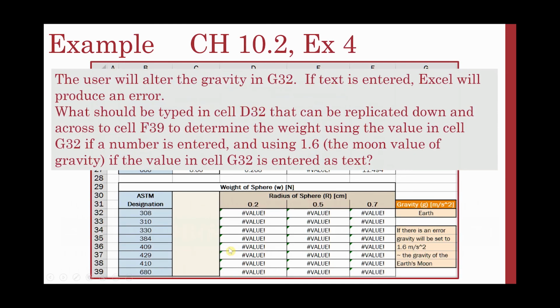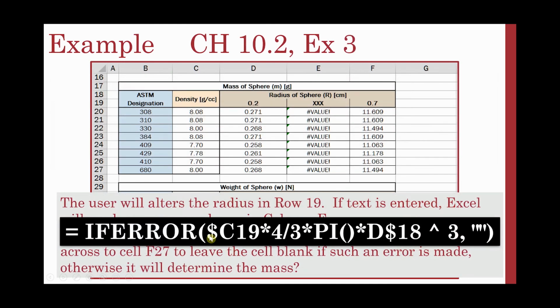So what we want to calculate is the volume of this sphere with the given radius, which is given in C19, times 4/3 times pi. Notice I have my empty parentheses here for pi, times my radius cubed.